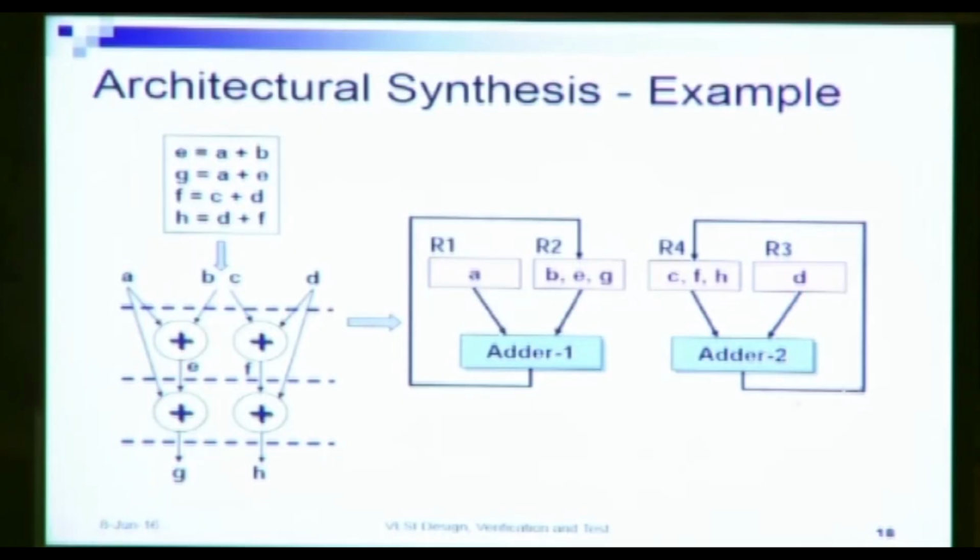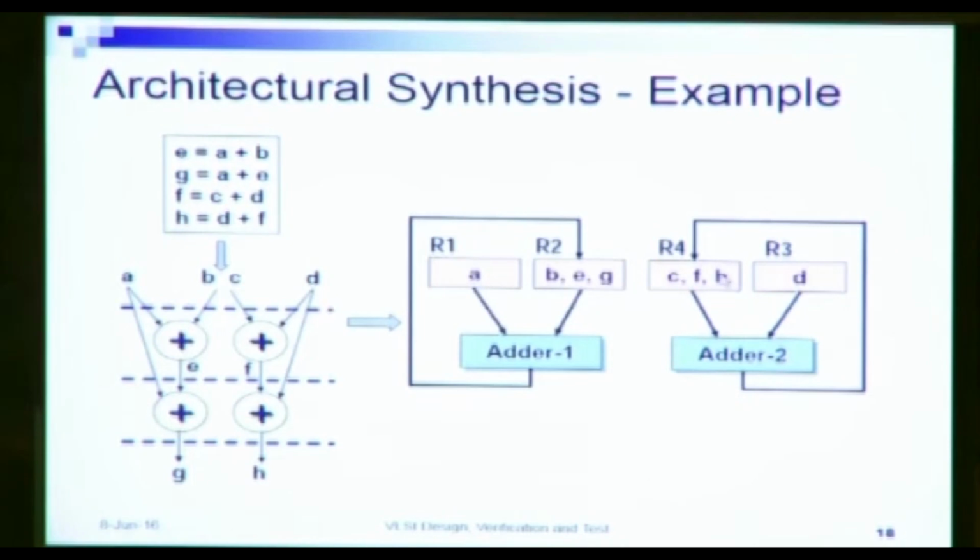The same thing happens for the other adder. For the other adder, firstly C and D are the input. At time step 1, C and D are driven to adder 2. The result of the addition is F and is driven to register R4, and not to R3, by using a demultiplexer at the output of adder 2.